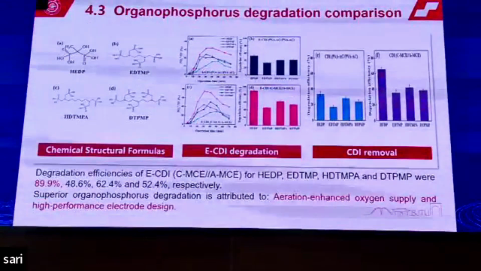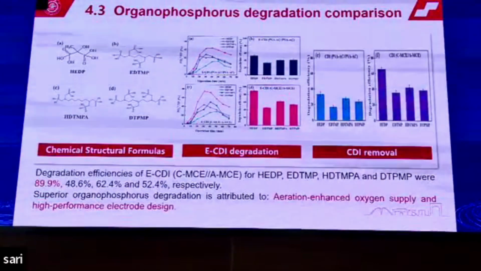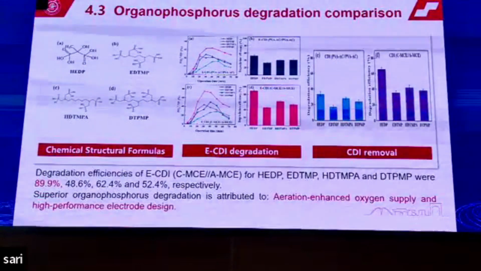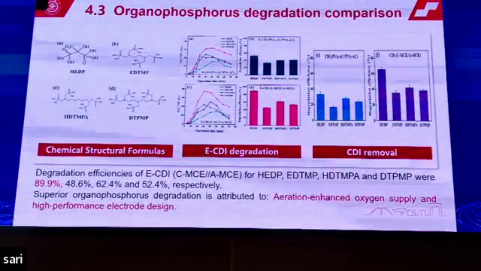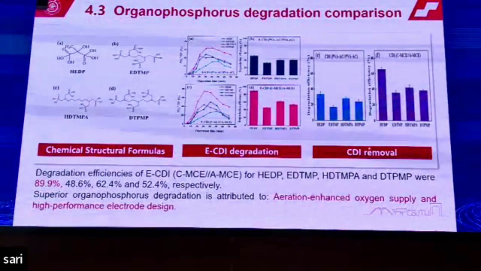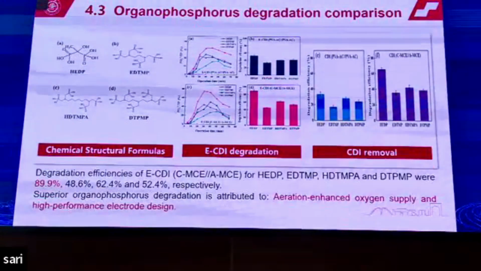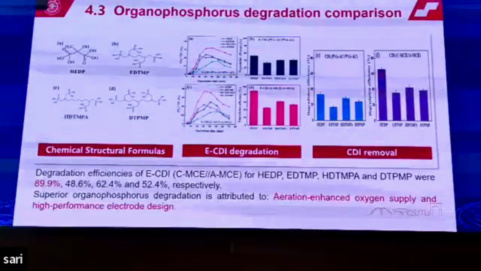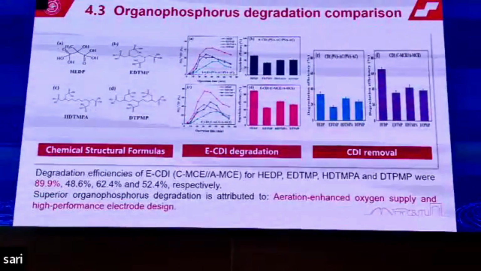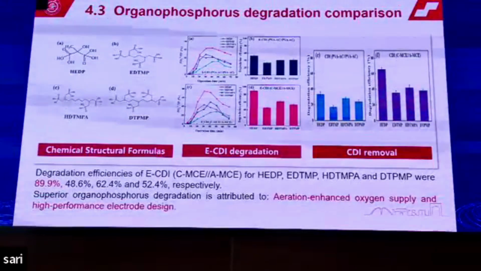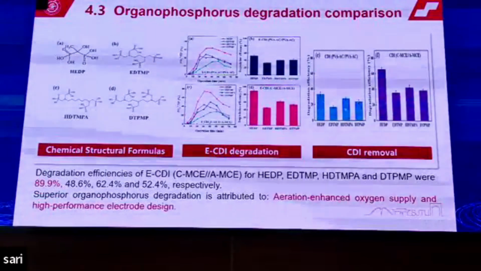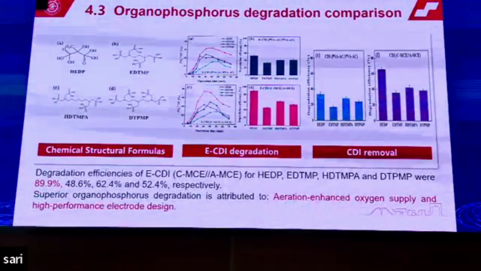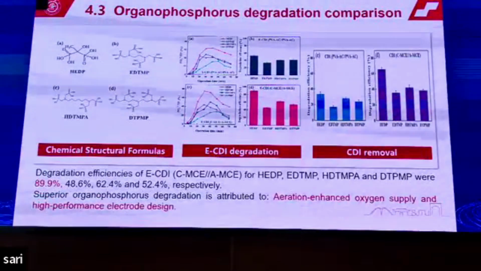And then we use 4 different organophosphorus compounds in this process, from the HEDP and the EDTMP. And in the CDI system, which means we did not add the catalysts, or we did not supply the oxygen, we can find it showed a relatively low removal efficiency for these 4 compounds.